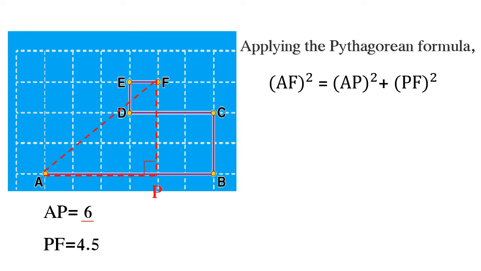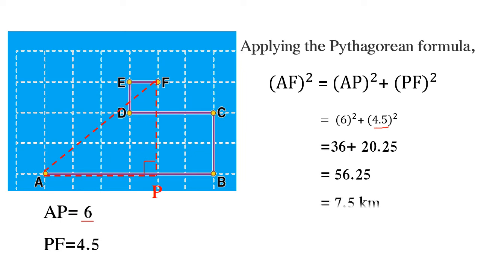AP is 6, so equal to 6 square plus 4.5 square. So 6 square is 36 plus 4.5 whole square, that is 20.25. So total will be equal to 56.25. Taking square root of both the sides, AF equal to 7.5 kilometer. So dear friends, the distance is 19.5 kilometer and displacement is 7.5 kilometer.